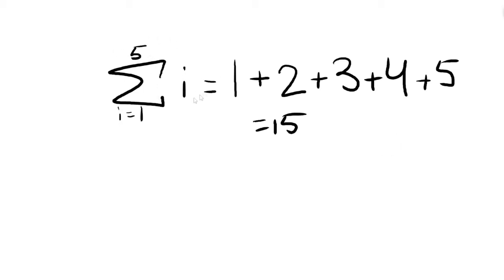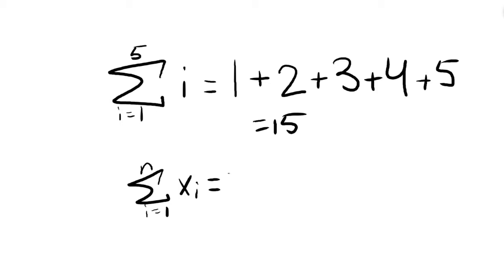But that's not usually how we see the sum used. We don't usually see sum of i. We usually see sum, maybe i equal 1 to n of xi. And this i is a notation, so it just tells us which x we are looking at. And if we do the same, we will change i to the number we have.